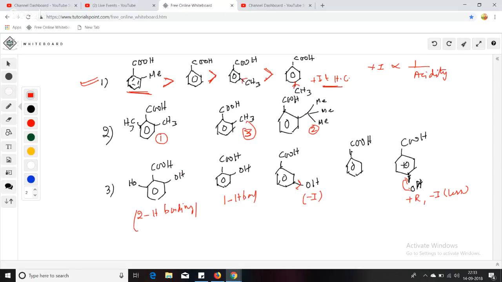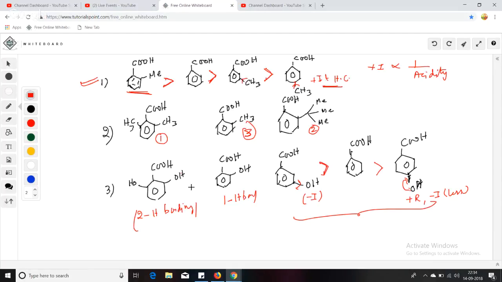Its plus R nature is dominant. Because of plus R, acidity decreases, so this one is obviously less acidic than benzoic acid itself. Because of minus I, acidity increases, so this one is more acidic than benzoic acid. These are the simple comparisons we have: plus R, minus I, and so on.